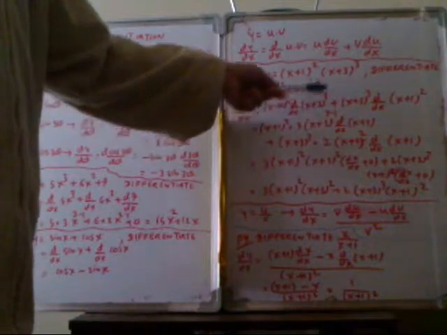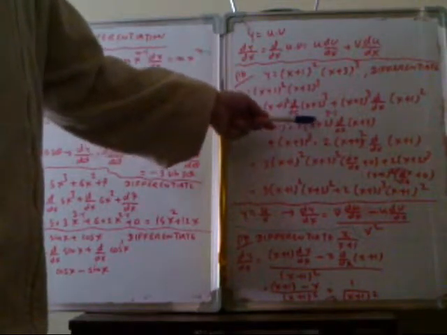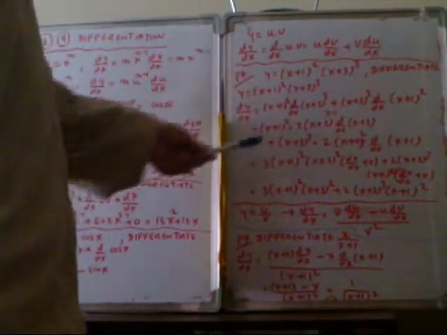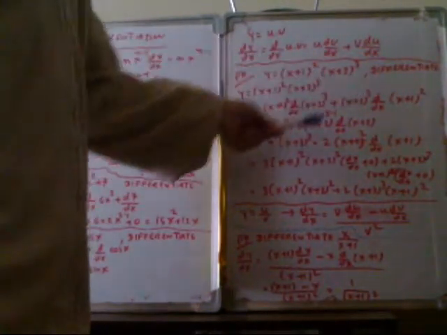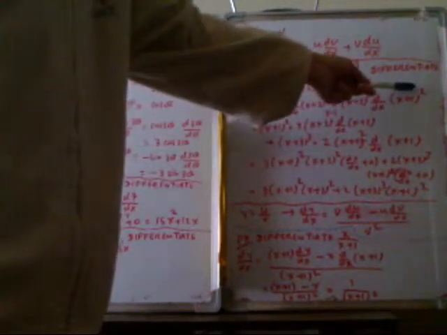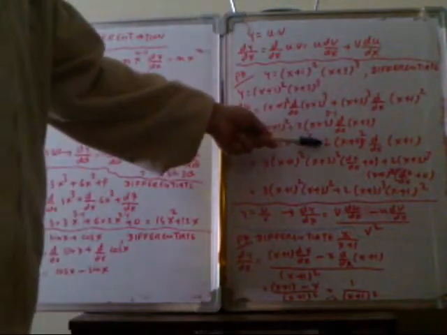Differentiating (h plus 3) cubed, the power 3 comes out: (h plus 3) to the power 3 minus 1, times d by dh of (h plus 3). Plus, for (h plus 1) squared, the power 2 comes out: (h plus 1) to the power 2 minus 1. By solving this, we get (h plus 1) squared times (h plus 3) squared, and also 2 times (h plus 3) cubed times (h plus 1). d by dh of h plus 3 is 1 and the 3 differentiates to 0, and similarly for h plus 1.